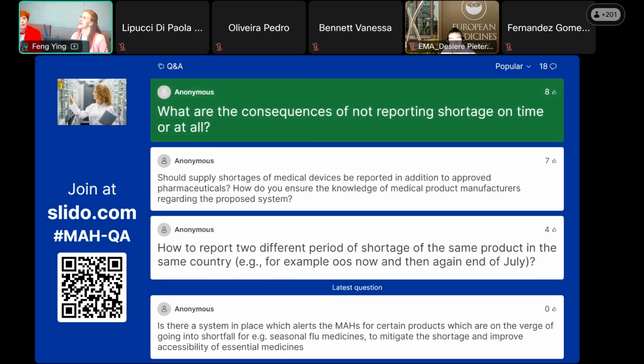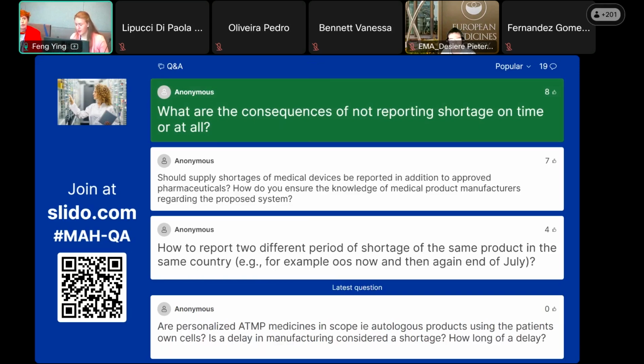Moving on. What are the consequences of not reporting shortage on time or at all? So, obligations for industry's shortage reporting are enshrined in the EU law, and industry shall ensure supply continuity under the directive as well. While there are enforcement tools in place centrally, some countries may apply also sanctions nationally, maybe financial sanctions.